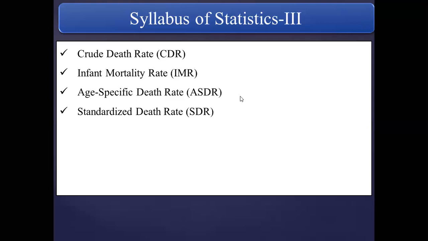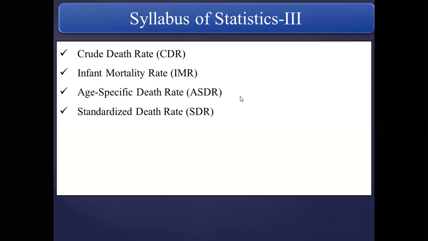Then another type of death rate is standardized death rate. Now, what is the difference between crude death rate and standardized death rate? In crude death rate, we totally ignore the total population of a country. For example, you have the death rate of India and the death rate of America. If you want to compare these two death rates, you will mislead the interpretation. Why? Because in our country, the population is more than America's.